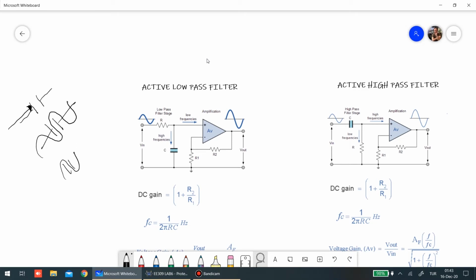So remember this figure. So it will simply let the higher frequencies flow through this line. So the lower frequencies will remain.